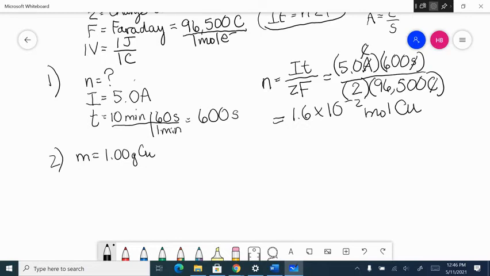This is into an object that's placed in a solution of copper nitrate that has a current of 2.50 amps flowing through it. And they're asking us to find the time, and that will be in seconds. Now, copper 2 nitrate gives us a Z number, again, of 2.